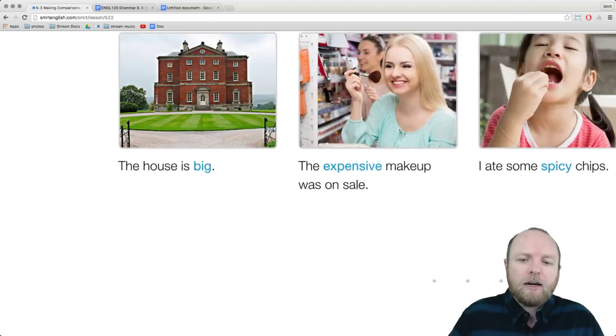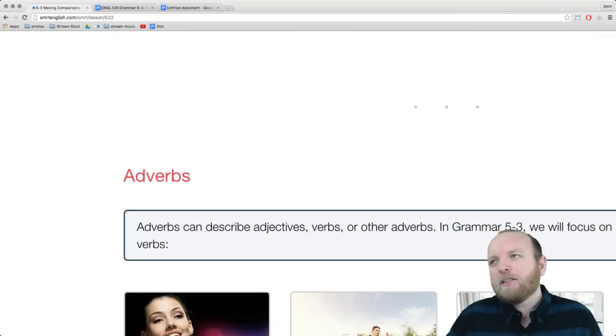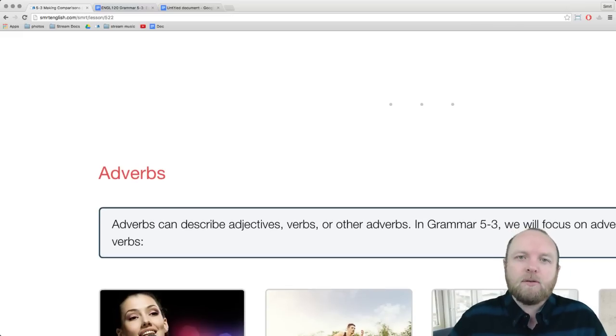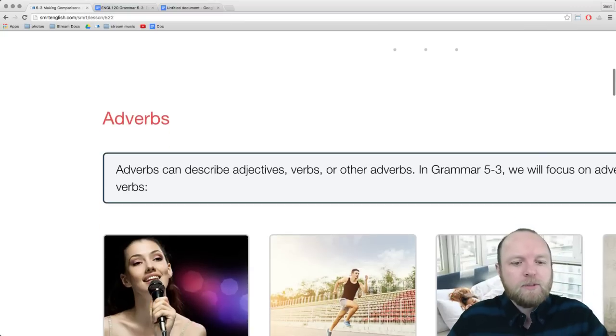Next, let's talk about adverbs. Okay, so a lot of students don't really understand what is an adverb. Adverbs can describe adjectives, they can describe verbs, and sometimes they describe other adverbs. Now, in today's lesson, we are only going to talk about adverbs that describe verbs.